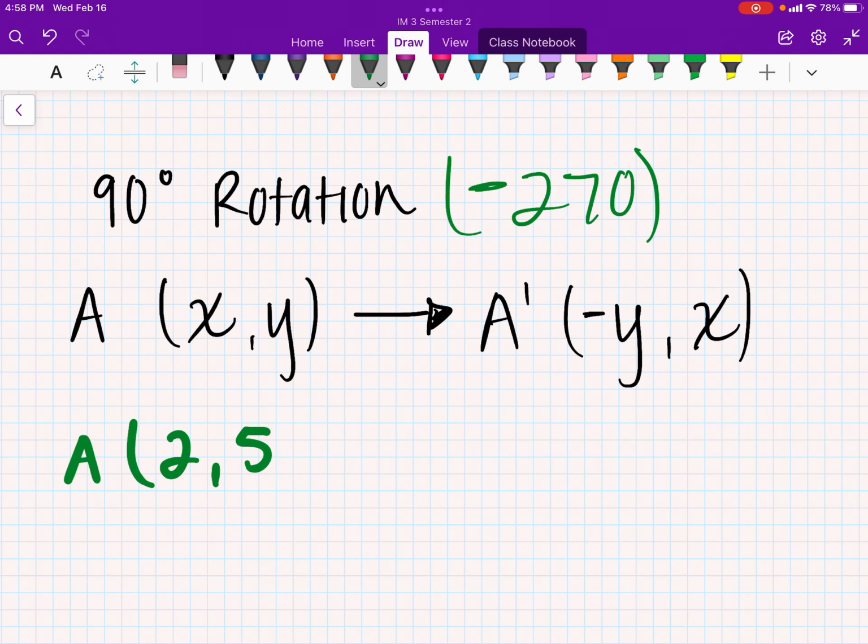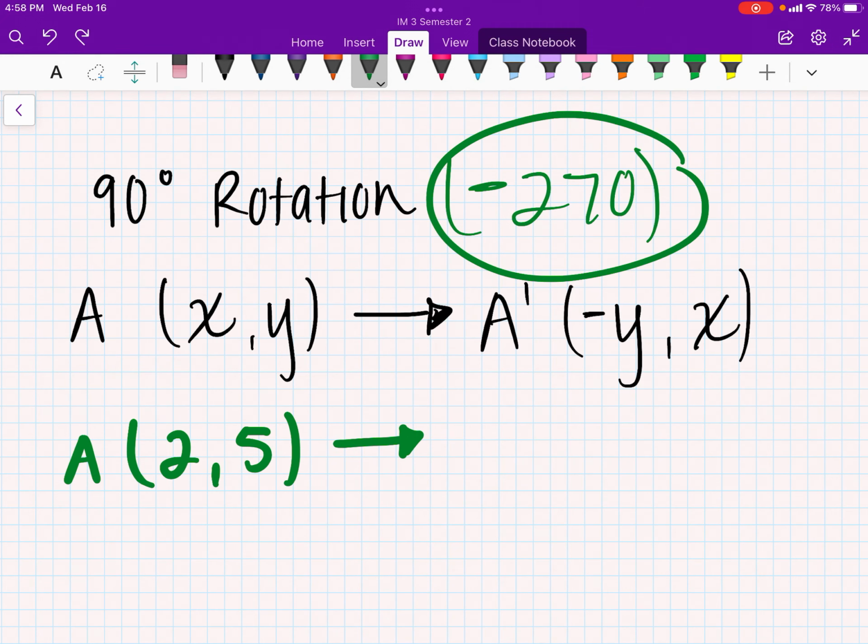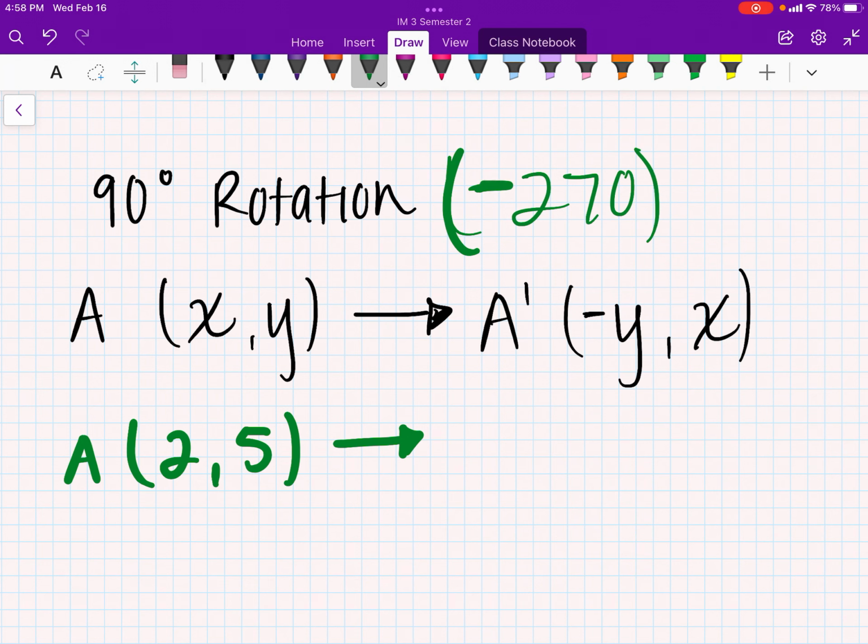(2, 5). If I do a 90-degree rotation, or even a negative 270 rotation, because that would be the same exact formula, A prime in this case is going to switch the values for X and Y, and Y in this case is going to be negative.